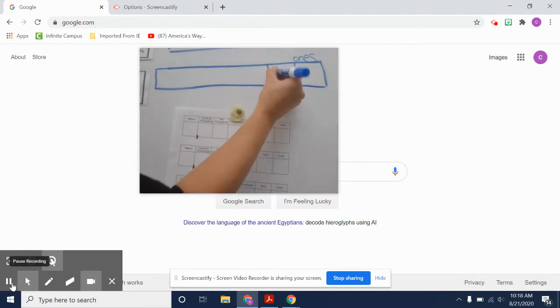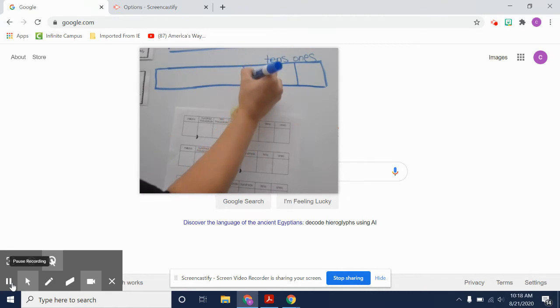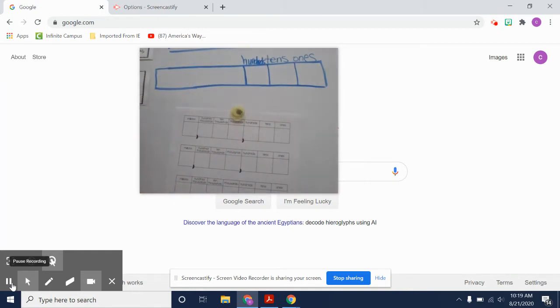The next box is going to be your tens, then your hundreds. Sorry, that's sloppy. Yours is, I'm sure, not that messy. This is going to be your thousands. This is going to be your 10,000s.